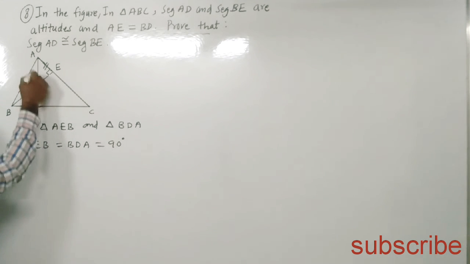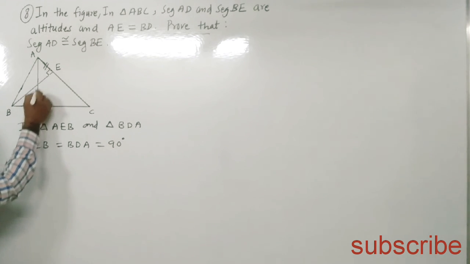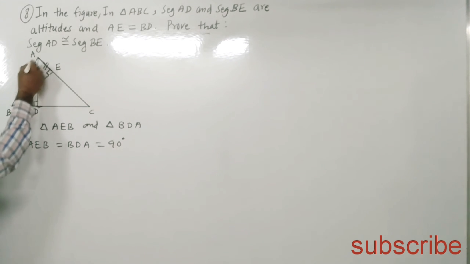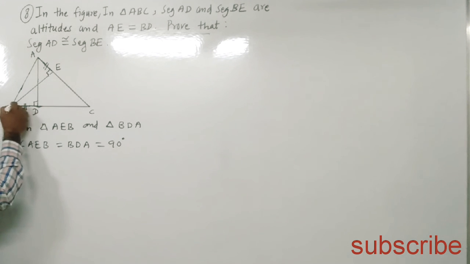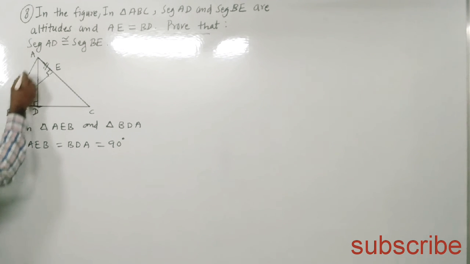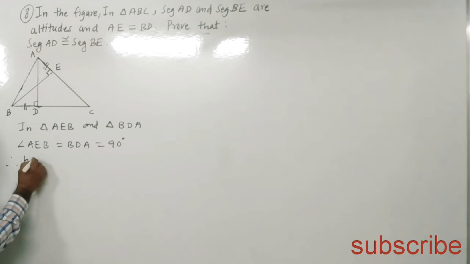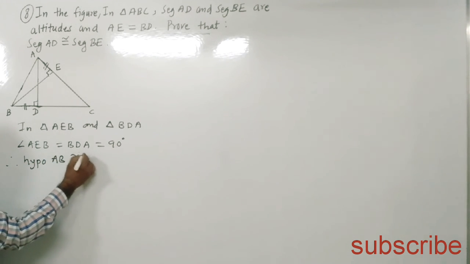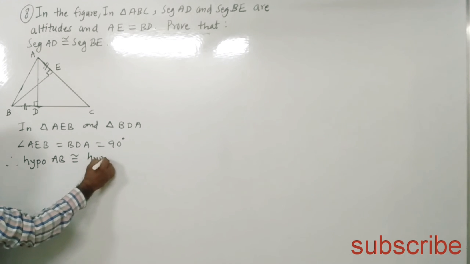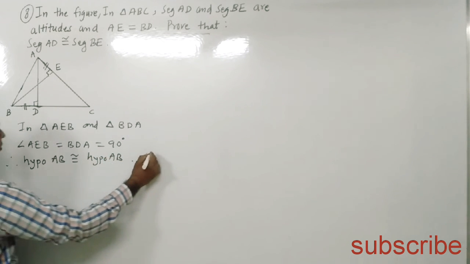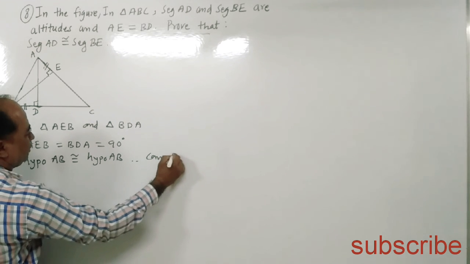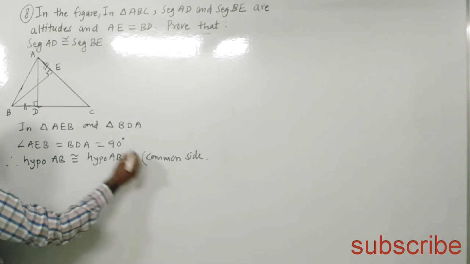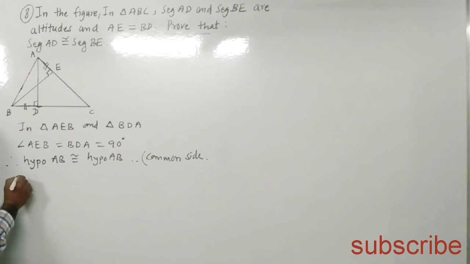Therefore, in these two right angle triangles, the side opposite to 90 degrees is called the hypotenuse. So in both the triangles the hypotenuse is AB, for triangle ADB as well as triangle AEB. The hypotenuse AB is congruent to hypotenuse AB, a common side in both the triangles.